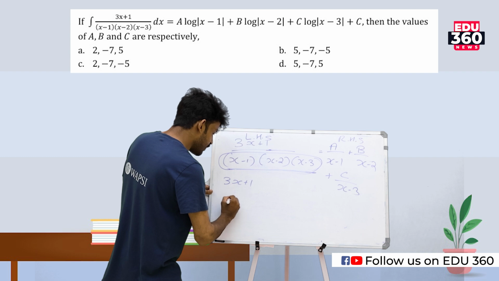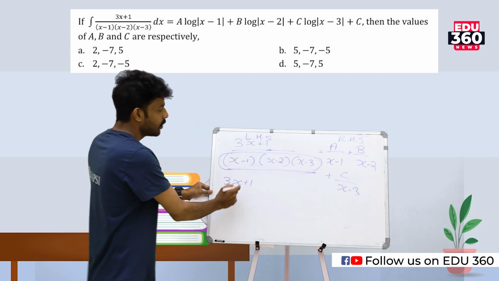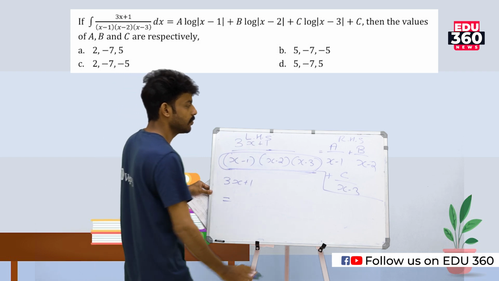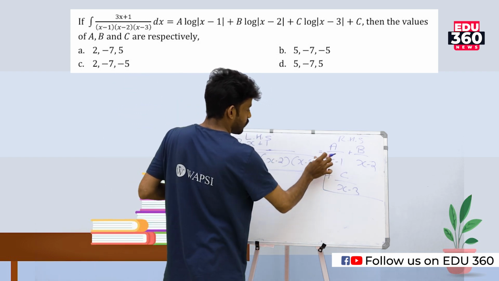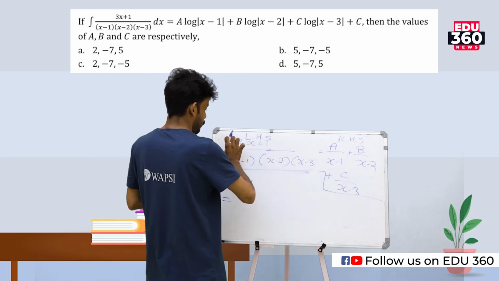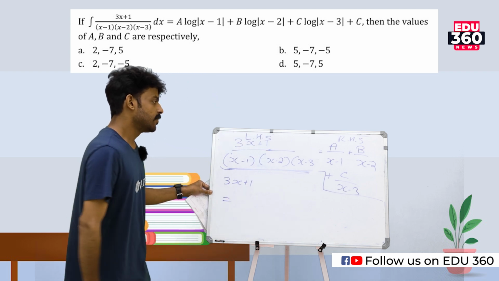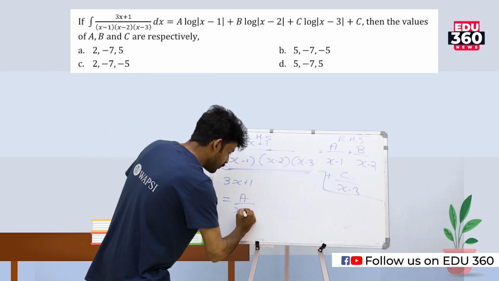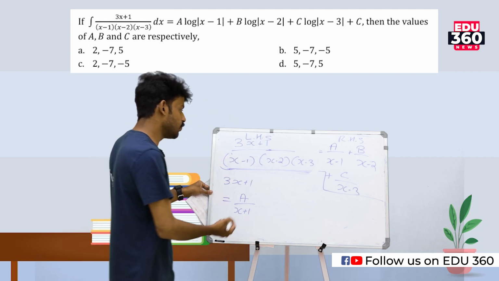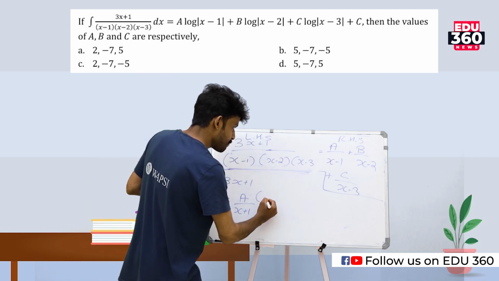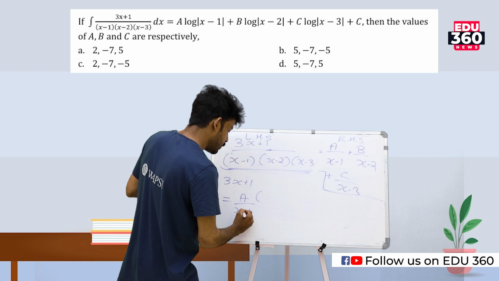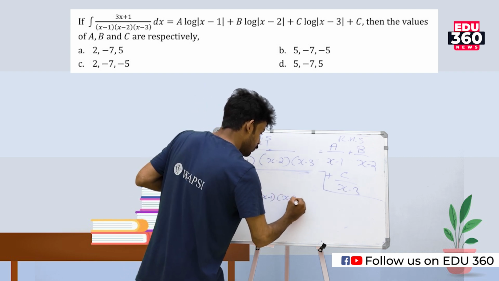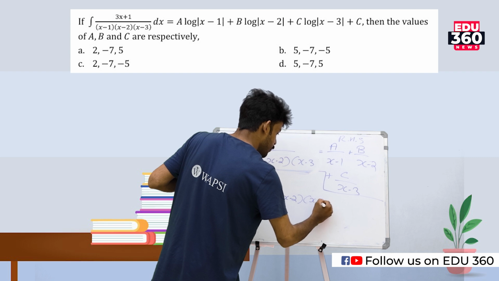And the RHS, let me write the RHS here. So the RHS is a divided by x minus 1 into x minus 1, x minus 2, x minus 3.